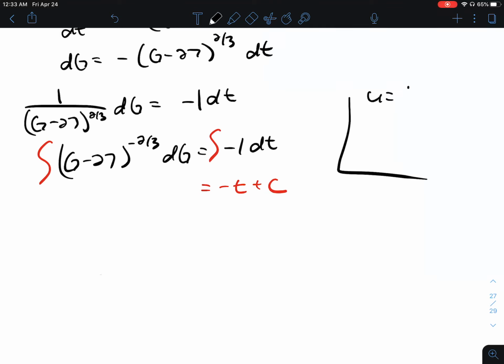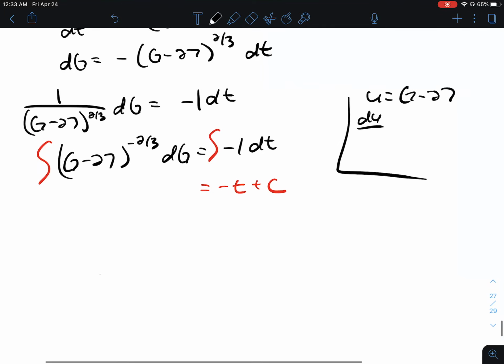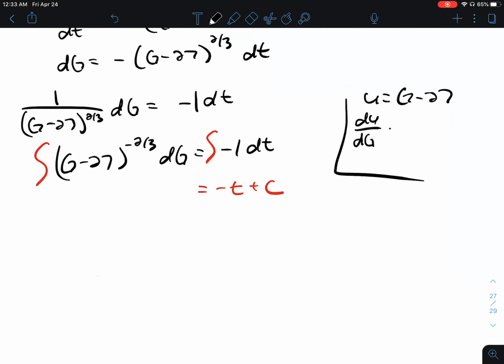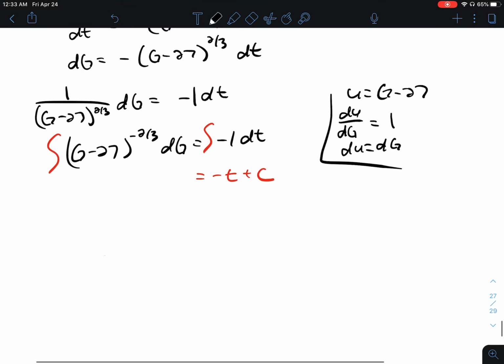If we set u equal to g minus 27, the derivative of u with respect to g would be 1, and then du equals dg. When this happens, the derivative of what u is equal to ends up being 1. It means you don't have to show this work, because the end result is going to be the same whether you did that u substitution or not.